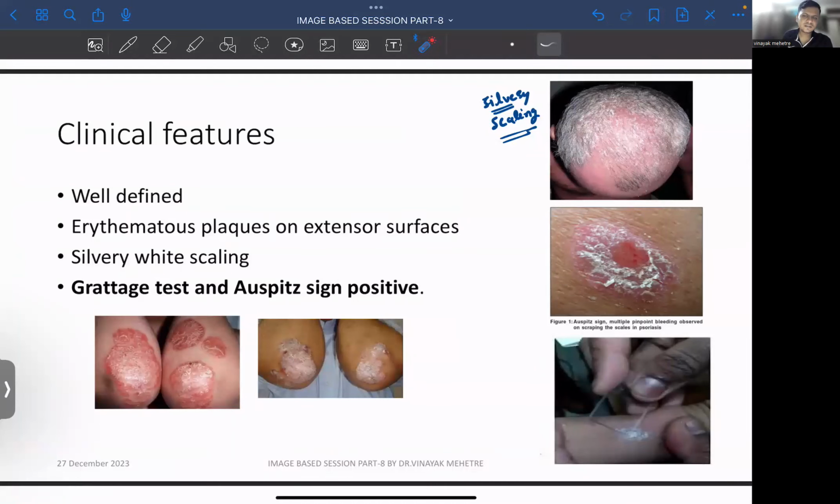Silvery white scale, right? Precipitating factors कुछ लिखेंगे, answer is psoriasis.